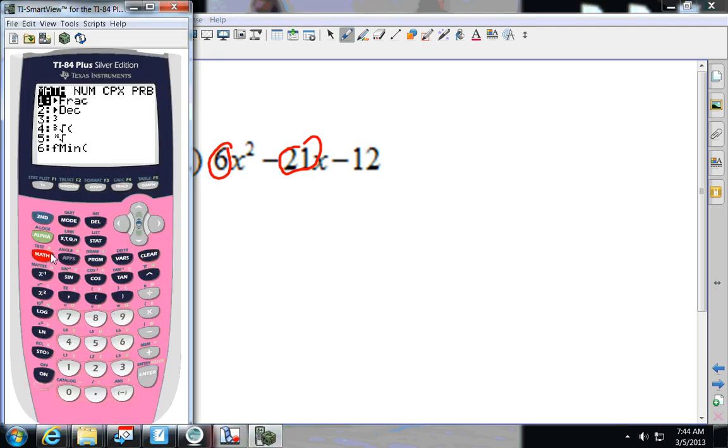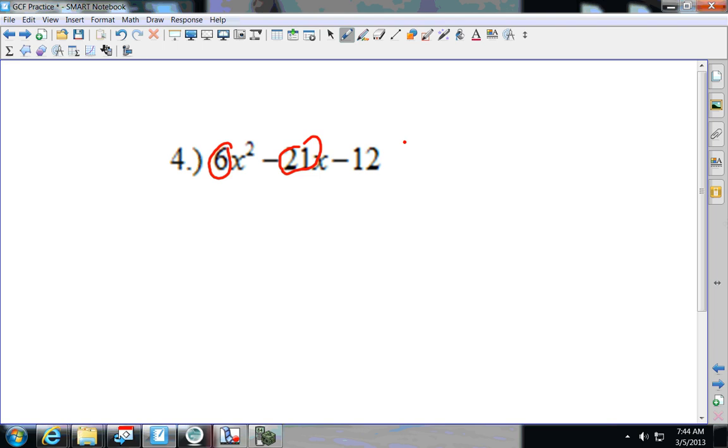So I'm going to press math, arrow over to number, I'm going to press 9, put in 6, 21, and press enter. My GCF between these two numbers is 3. Does 3 go into 12? Yes, that's my GCF. So now I've got GCF, it's 3.